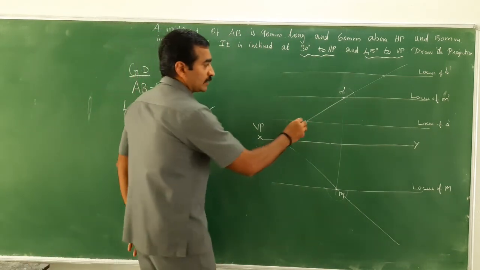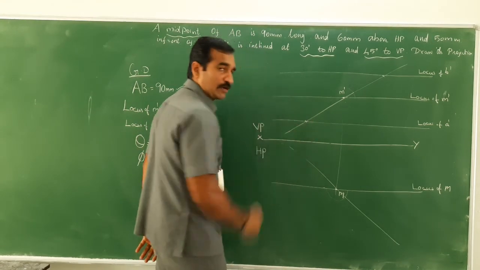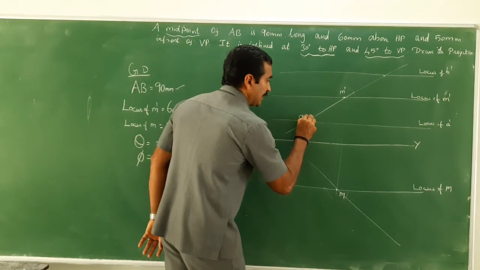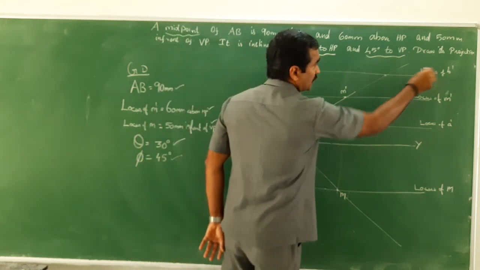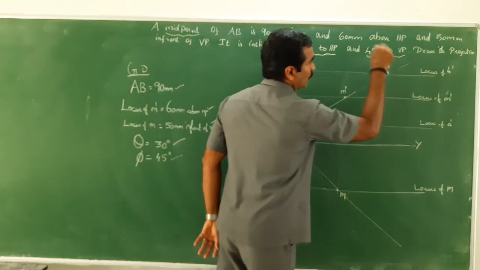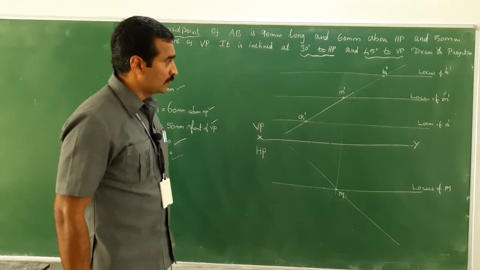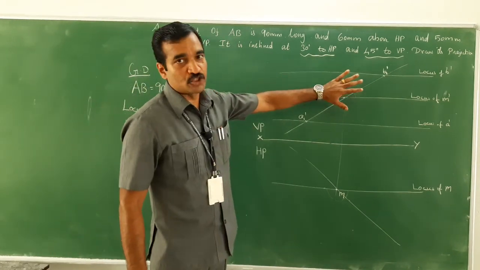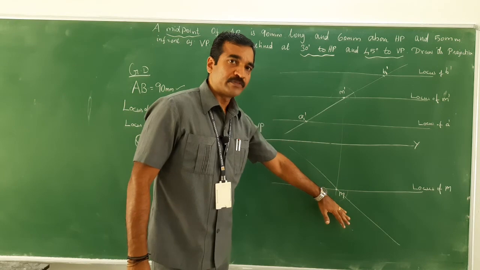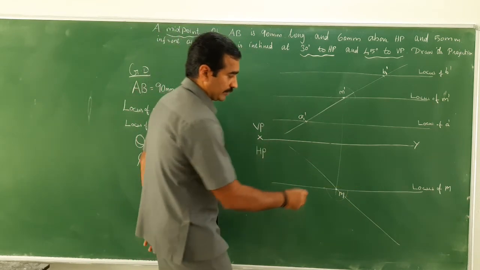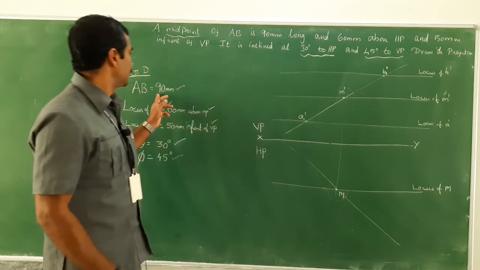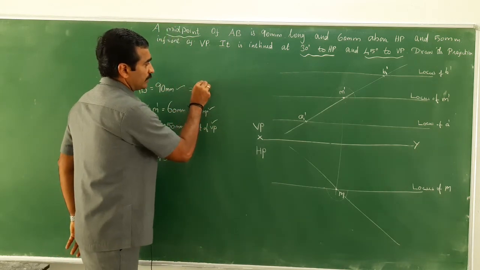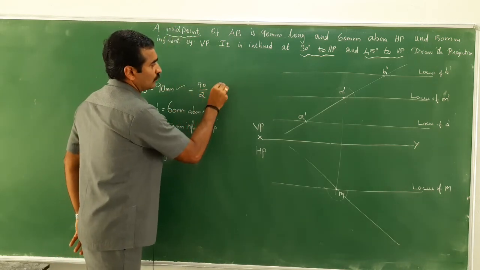Clear? And the intersection point on locus of A dash is termed as A1 dash, and the intersection point on locus of B dash termed as B1 dash. The same procedure needs to be repeated in the HP also. So here take, without changing the radius, that is 90 by 2, 45 mm.